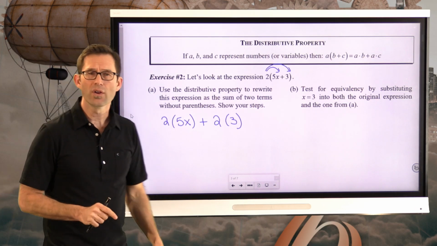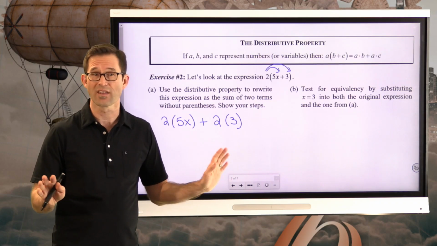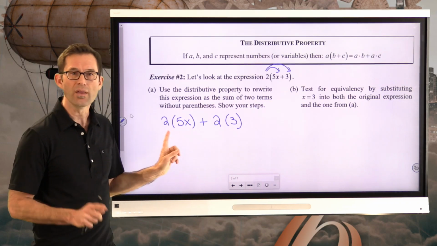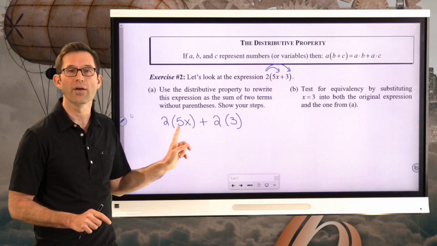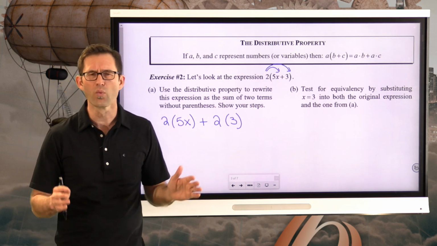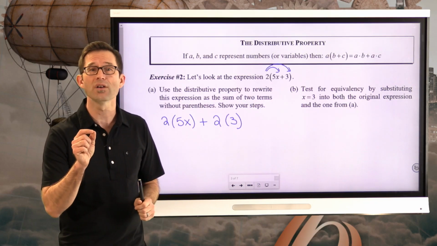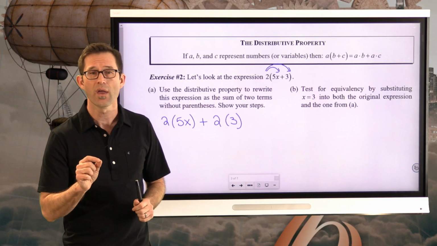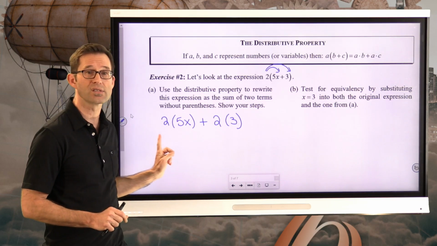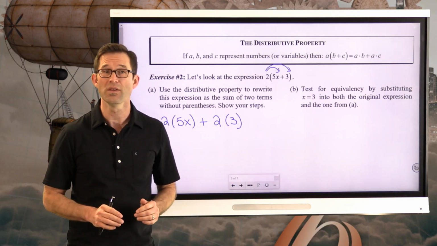Now, in order to simplify this a little bit more, well, 2 times 3, that's a piece of cake. That's just 6. But what do we do with this? Truly, this is 2 times 5 times x. And one of the really wonderful things about multiplication is it's what's known as associative. And associative means that when I'm multiplying 3 things in a row, I can multiply any 2 of them to begin.